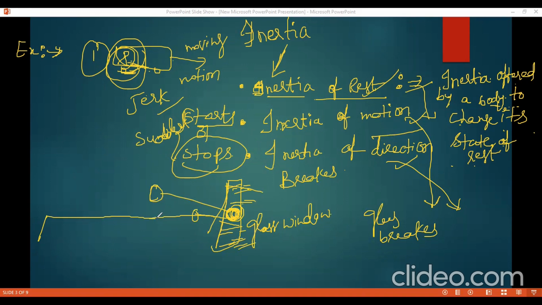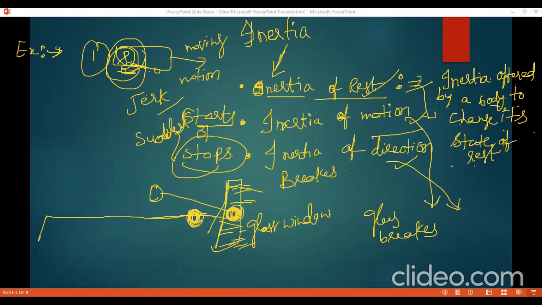Okay, but in the case of the bullet, it is coming very fast, right? Inertia is much lower in the case of a stone, whereas in the case of a bullet, the inertia is less. Okay.